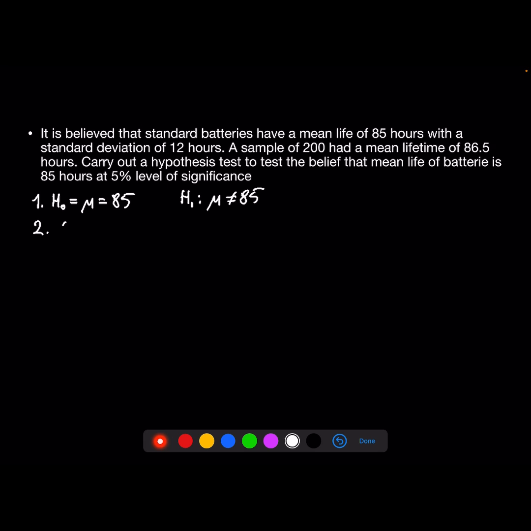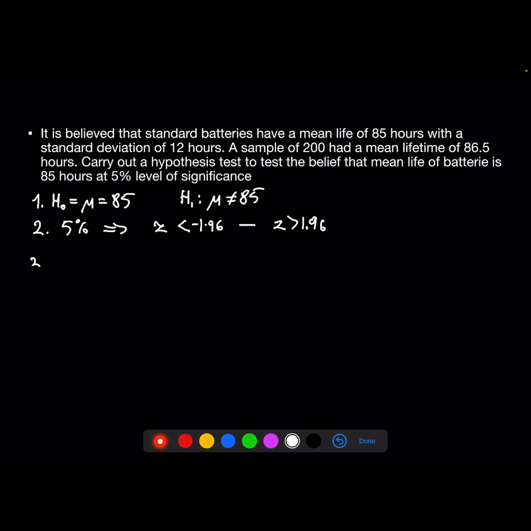So 5%, which tells me that the test score has to be either less than minus 1.96 or z greater than 1.96. So if the test statistic is less than minus 1.96 or the test statistic is more than 1.96, we reject the null hypothesis.